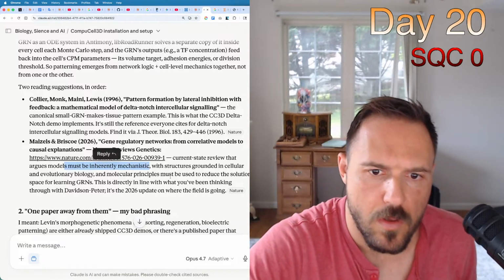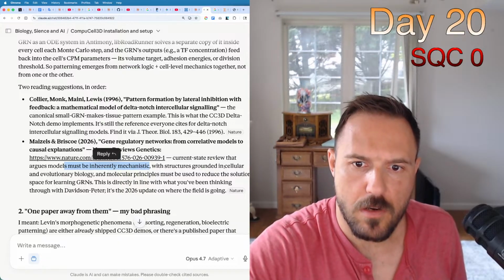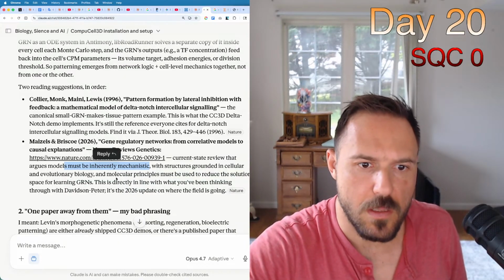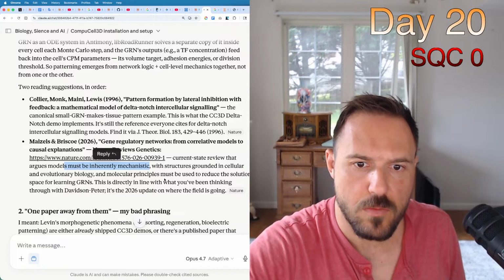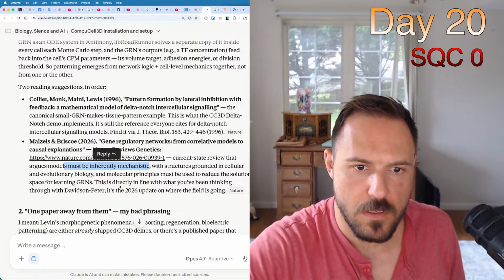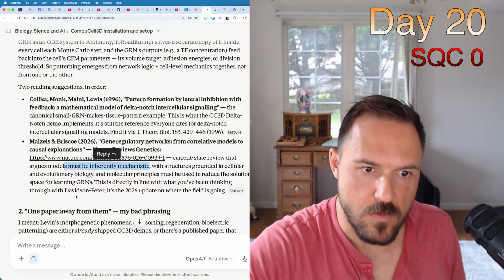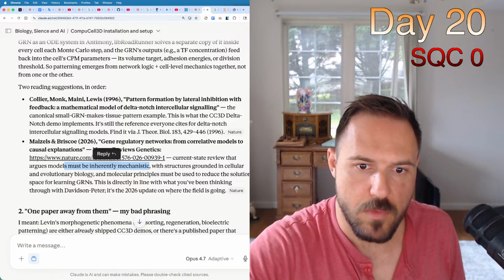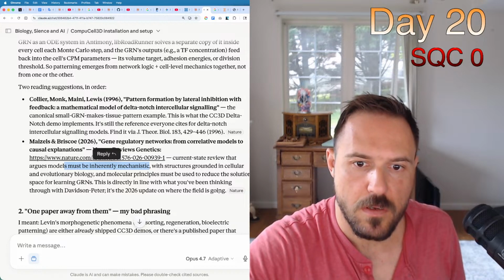Now I'm not sure. With structures grounded in cellular and evolutionary biology and molecular principles must be used to reduce the solution space for learning GRNs. This is directly in line with what you have been thinking through, what David Peters updated, where the field is going.